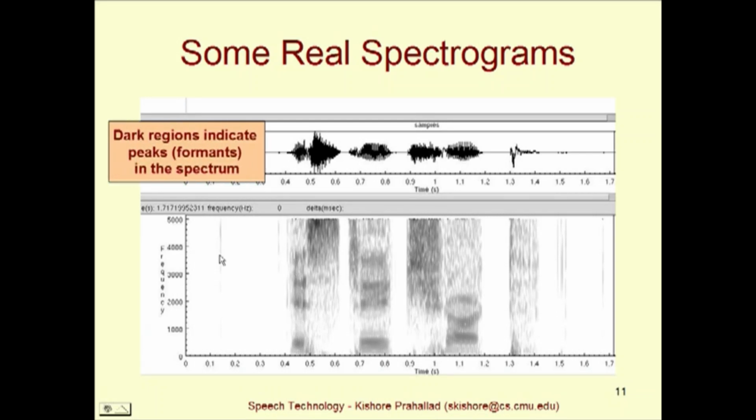That means if there is a dark region here, there is a peak at this frequency at this point in time. You can see a lot of dark regions, even here, here, and here, and here, and here. These all indicate the peaks in the spectrum.